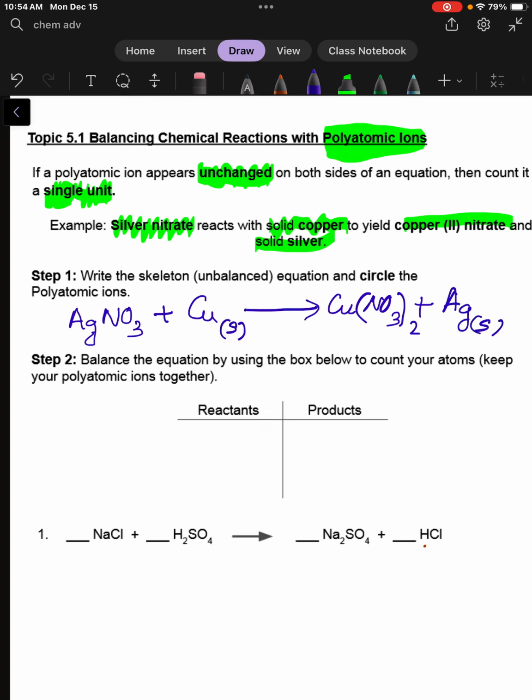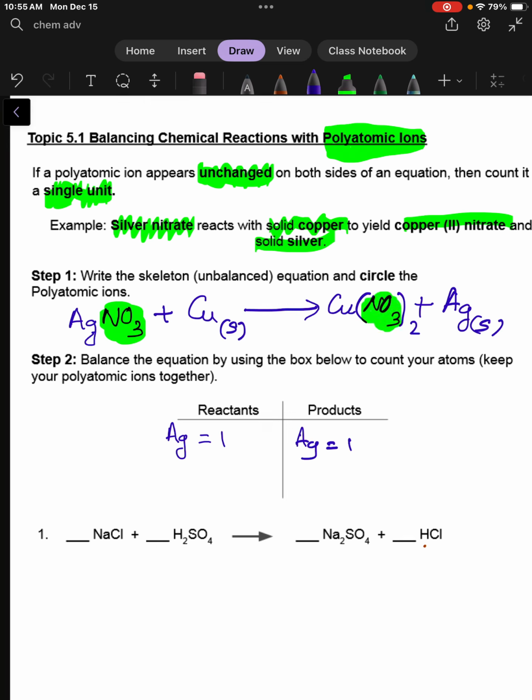Okay, let's go ahead and list them. I'm going to write there is silver on both sides. Silver is 1 on the left hand side and 1 on the right hand side. And this is the additional rule. If you see a polyatomic ion NO3, look for NO3 on the right hand side. Yes, you are seeing NO3 on both sides.